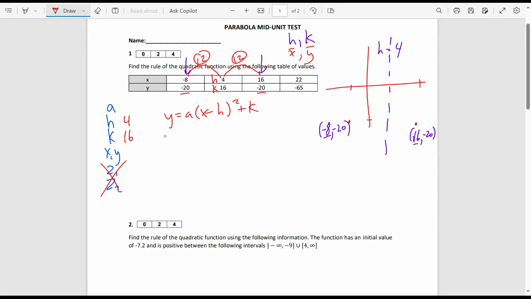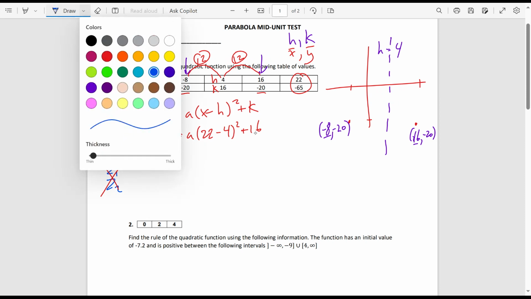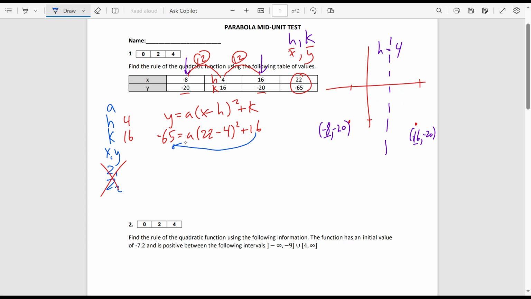So what point do I have? Well, I can just use any one of these guys now. So I can even use the 22 and negative 65. So let's use that. 22 minus 4 squared, and then plus 16. A lot of mistakes that I saw are related to this right here. Get this guy out of the way first.